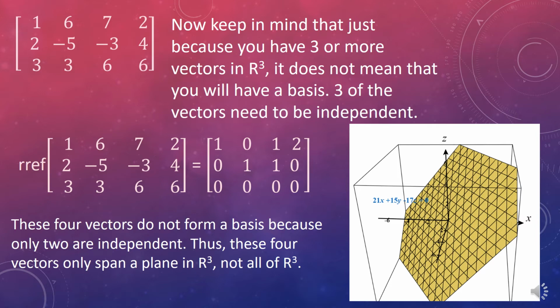Only 2 of those 4 vectors are linearly independent. The first 2 are independent of each other. The second 2 are linear combinations of the first 2. So these 4 vectors do not form a basis because only 2 are independent, and thus they span a 2-dimensional plane in R3, not all of R3.